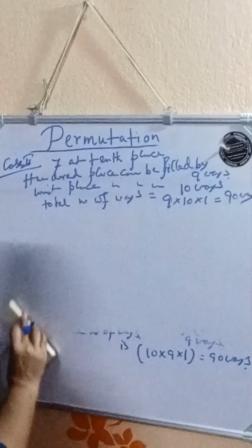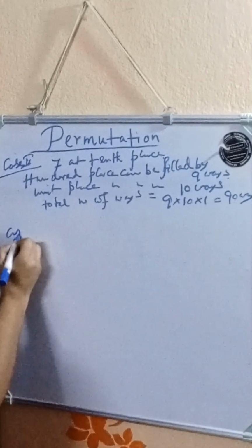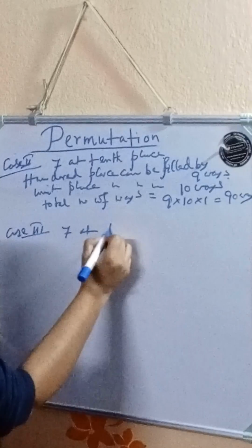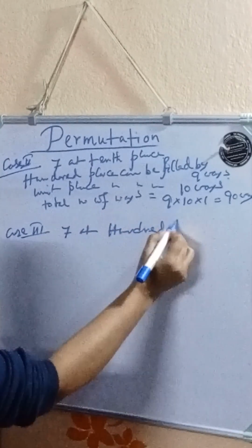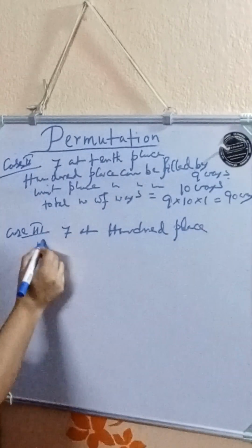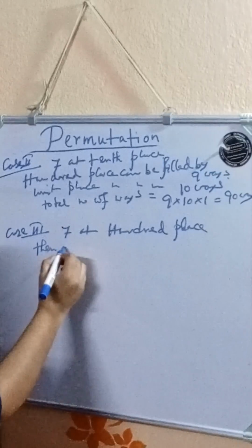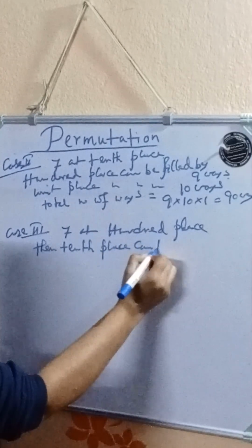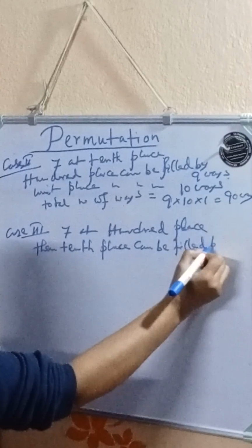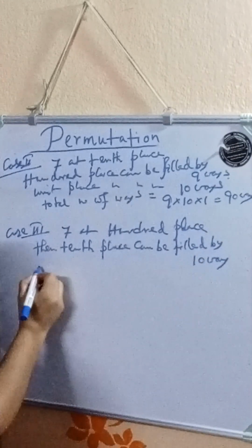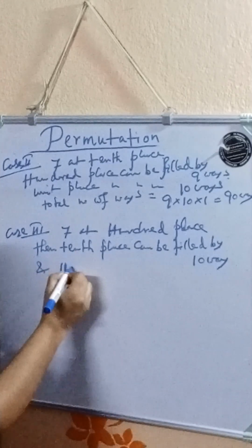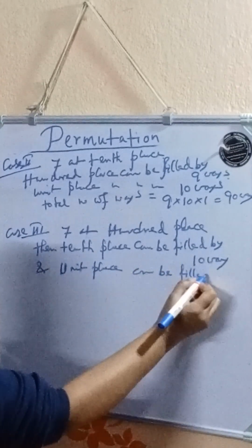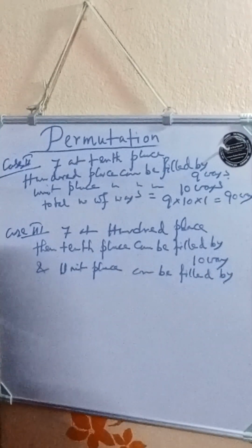Case 3. 7 at the 100 place. Then the 10th place can be filled in 10 ways, and the unit place can be filled in 10 ways.